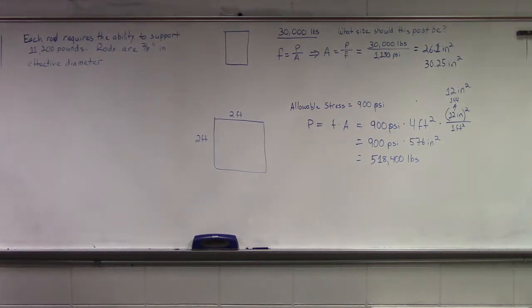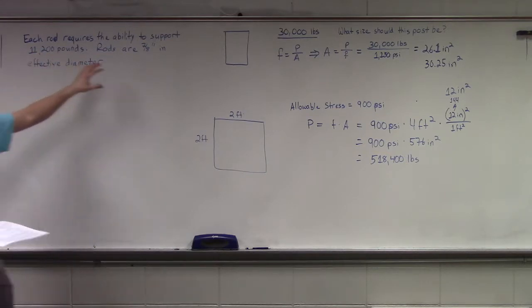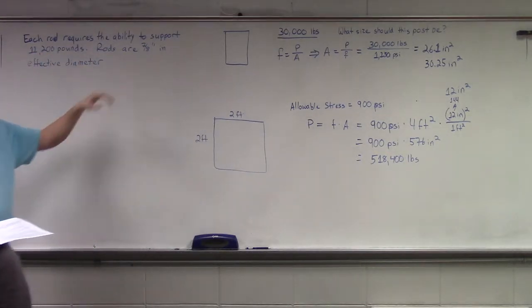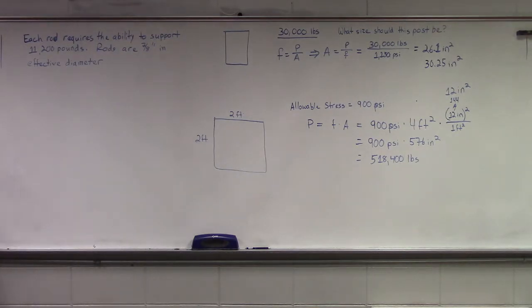This is telling us that these rods need to each carry 11,200 pounds. So that's the load being exerted on them. We can use the load and their diameter to determine the stress on them. And then we just need to determine, is this less than 30,000 PSI?